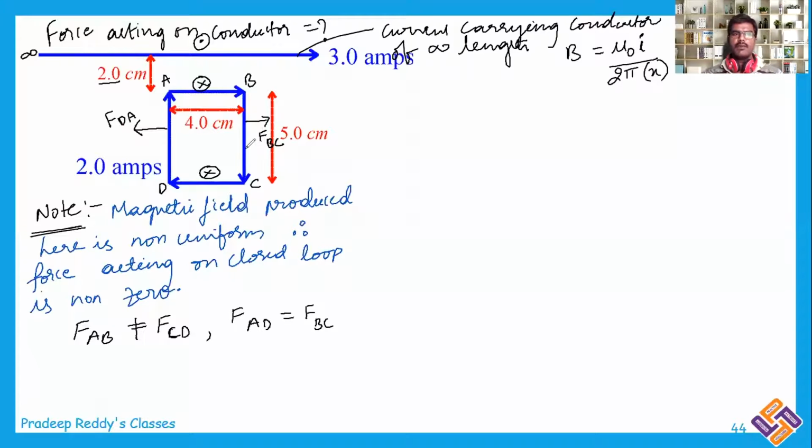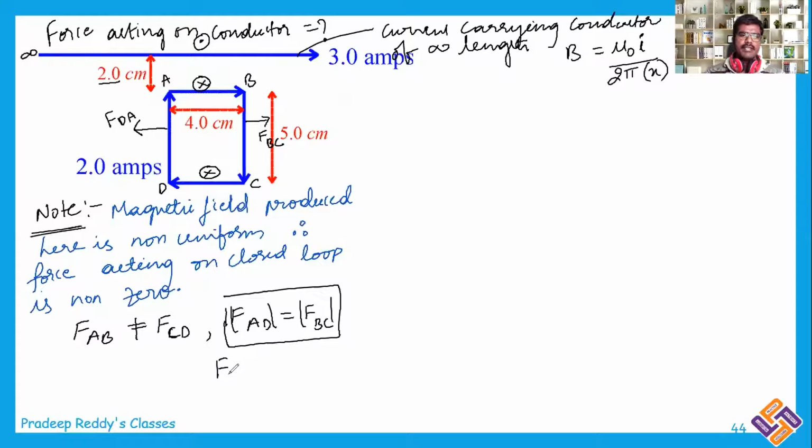The magnetic field on the AD segment and on the BC segment is non-uniform, but they are identical. Therefore, with the same length, the same current, and identical magnetic field, these magnitudes will be the same and their directions are different.